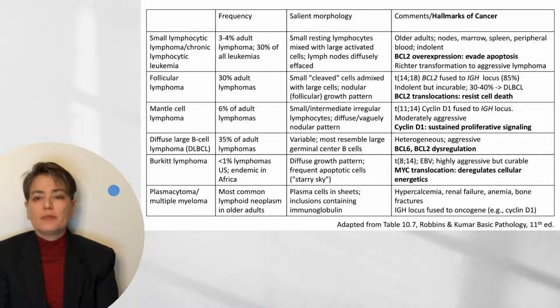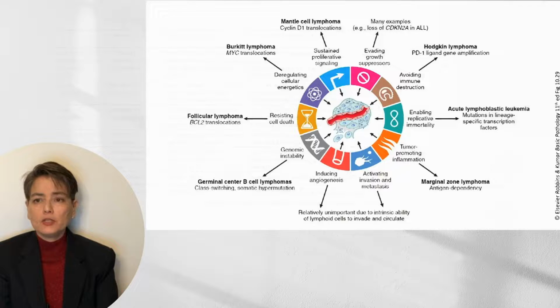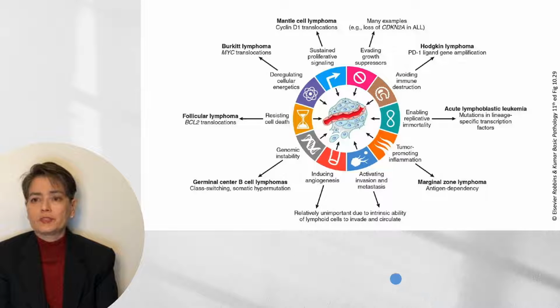So just finishing up, this can be very useful for you as a study guide, and I want to finish by looking again at these hallmarks of cancer because I think they're useful as a framework. So let's look here at another figure from Robbins and Kumar Basic Pathology, and you can see here the different types of hematopoietic neoplasm and how they embrace the hallmarks of cancer.